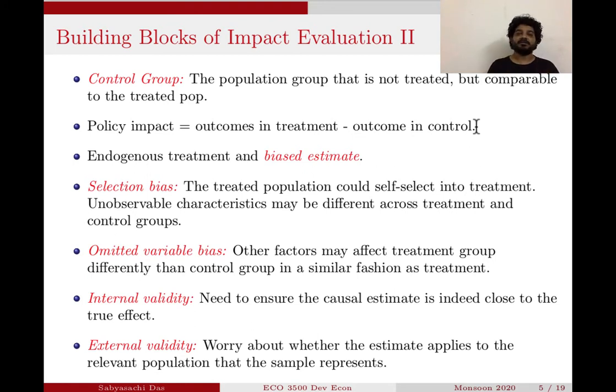Now, only the people who self-select, who on their own volition walk to the bank branch and open an account, will be the treated guys, right? They will be the treatment group. So these guys are self-selecting into treatment, by their own choice entering the treatment group, so to speak.